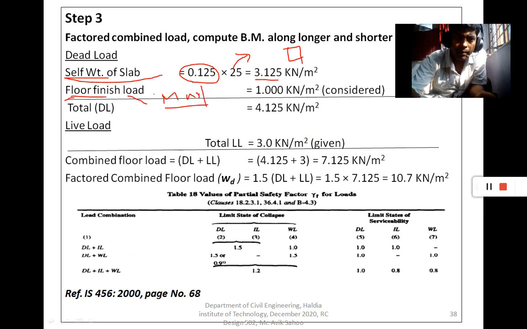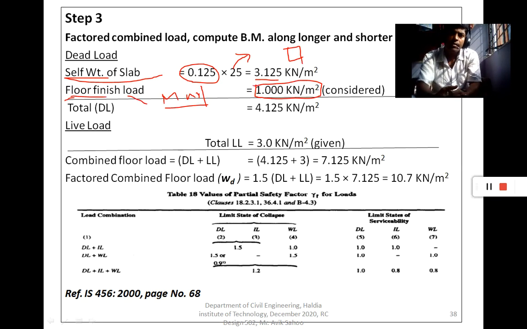You can get the actual load of the floor finish, but approximately we assume that whatever floor finish you use, it is not more than 1, so we consider 1 kilonewton, and that is also a dead load.